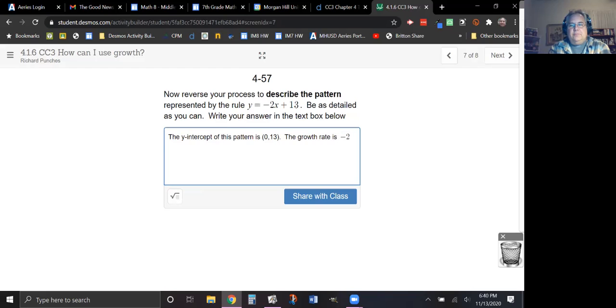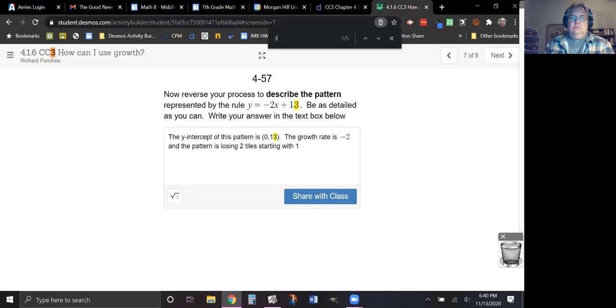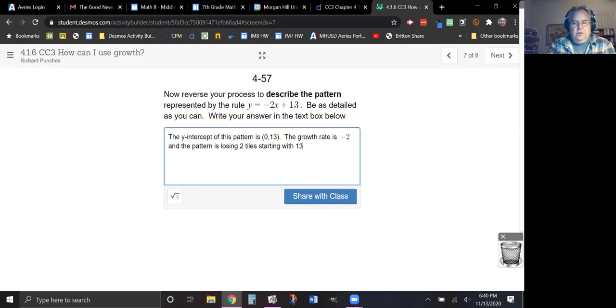Make that a math type. Because -2 and the pattern is losing 2 tiles starting with 13.